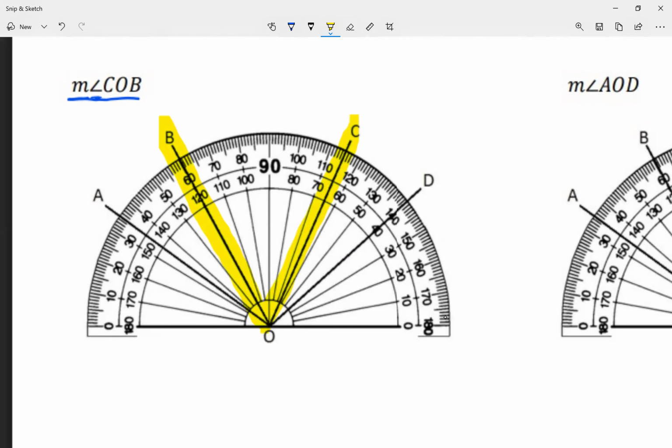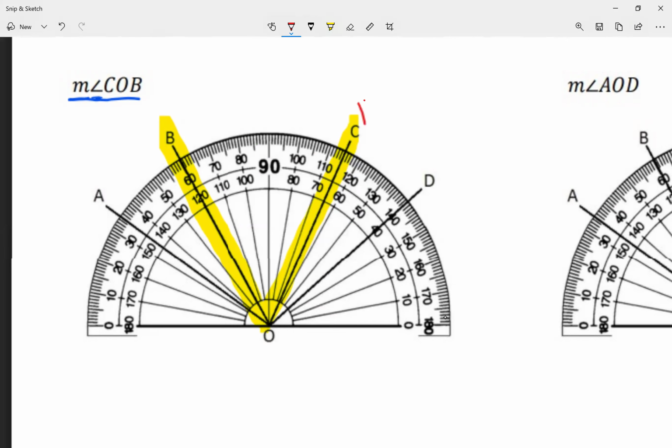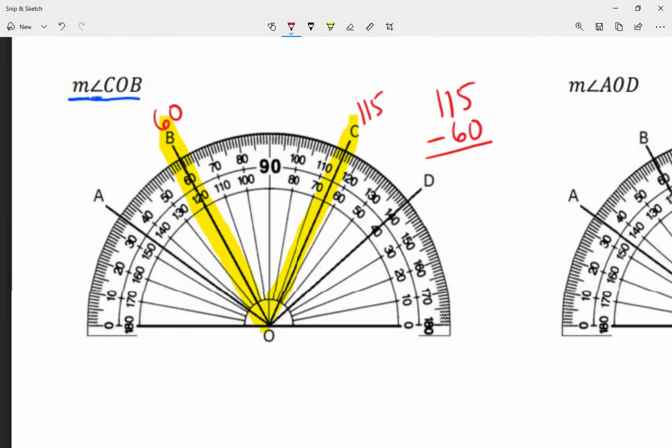So you guys see my angle. If I want to use only outside numbers, I see C is 115. I see B is 60. So for me to know that measurement, I'm going to go 115 minus 60.